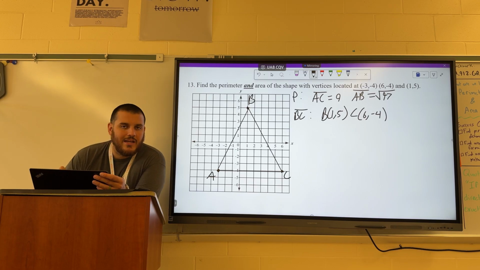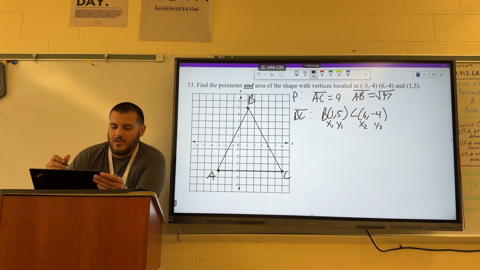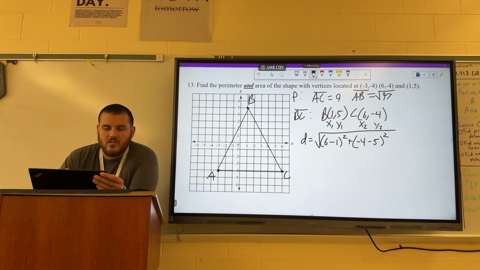Remember, the purpose of writing these down is so that we can label them and carefully plug them into our distance formulas. So D equals big ol' square root. We got x2 minus x1 squared. That's 6 minus 1 squared. Plus y2 minus y1. That's negative 4 minus 5 squared.